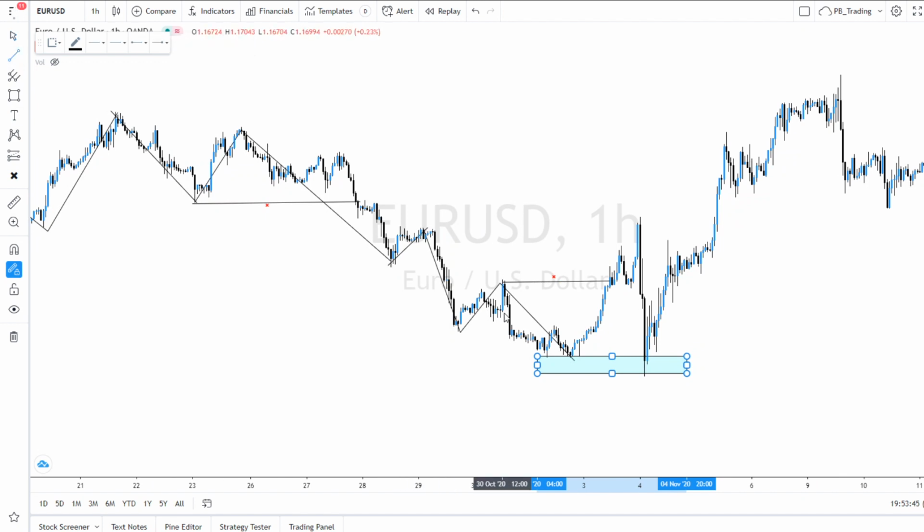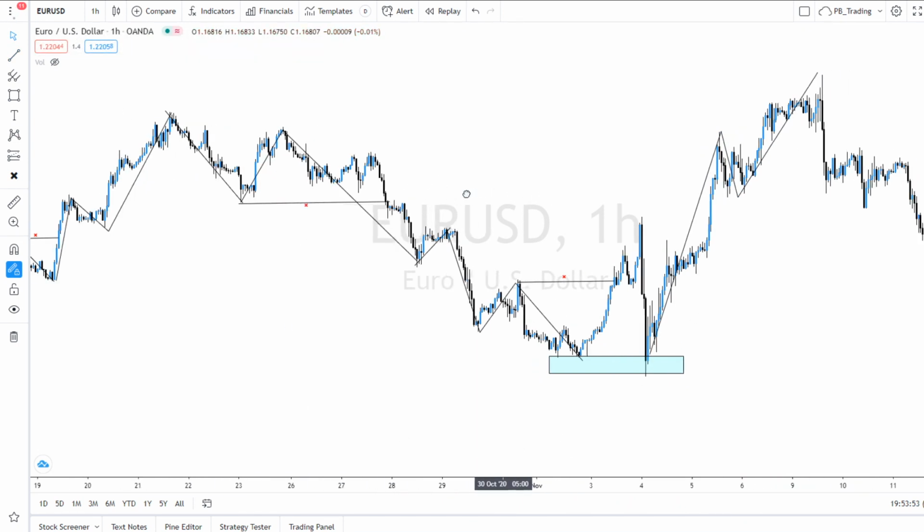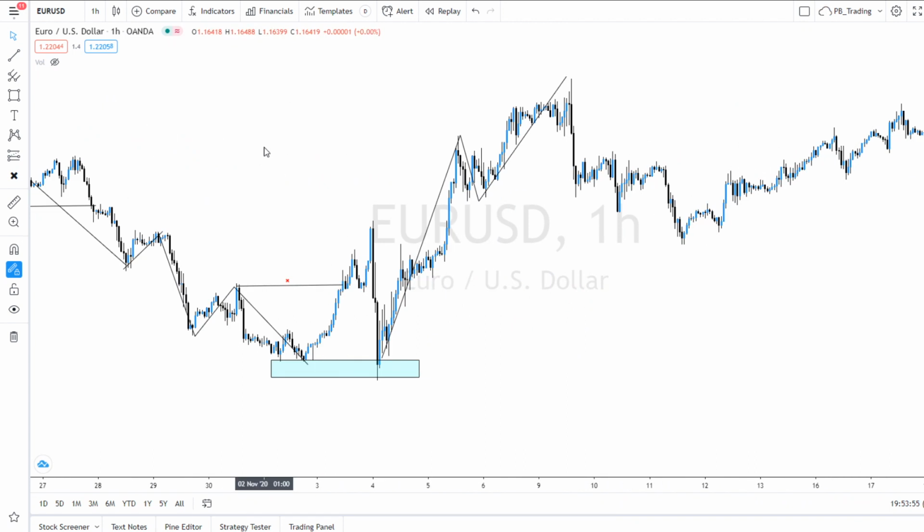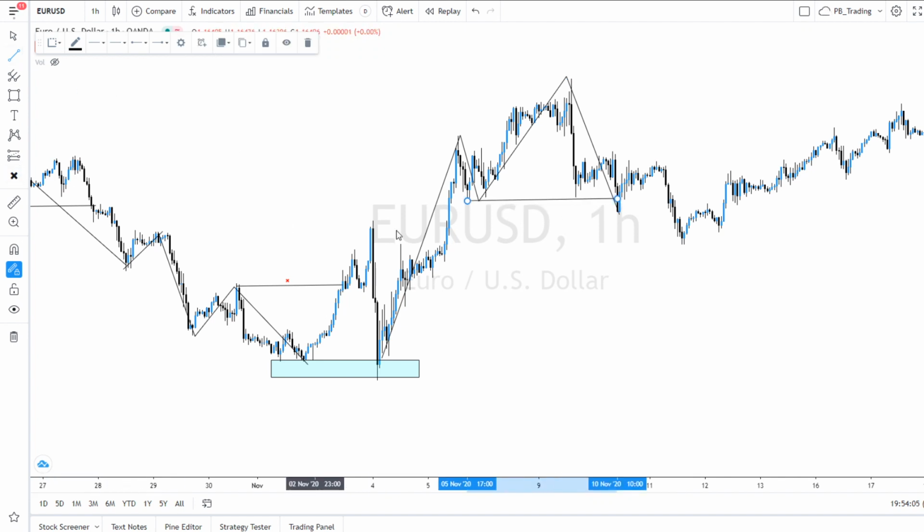So then from that point, price made a new high, low, and then another high to continue with the structure. And again, price made a retracement to break the old low here. So we had a break in market structure once again at this point.